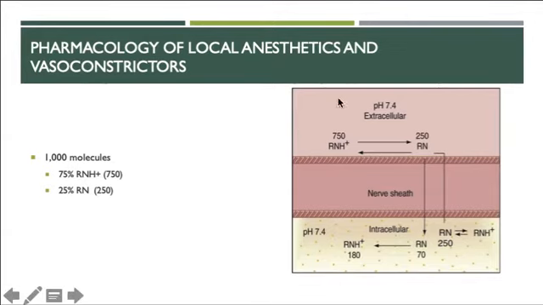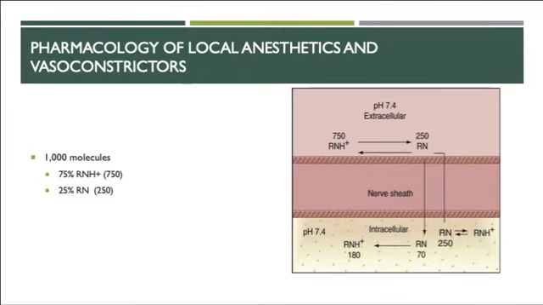Here we have the extracellular environment, the nerve sheath, and then we have the intracellular environment. Now let's say that the extracellular environment has a pH of 7.4, which is the pH of healthy human tissue. Now, for simplicity's sake, let's say we have 1,000 molecules of local anesthetic that are injected into this environment.